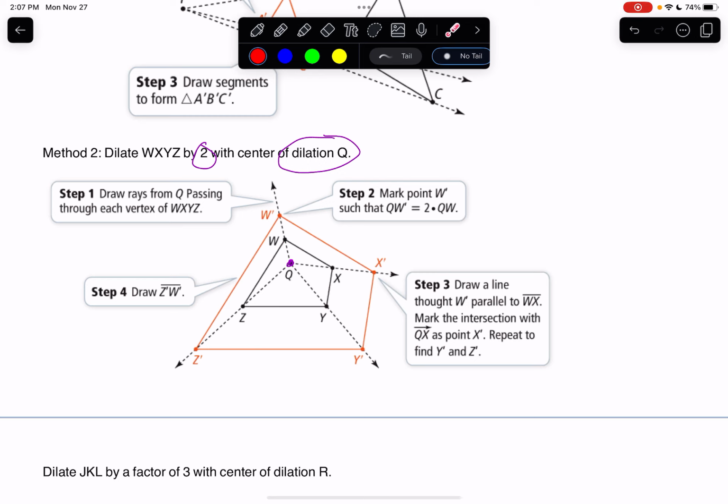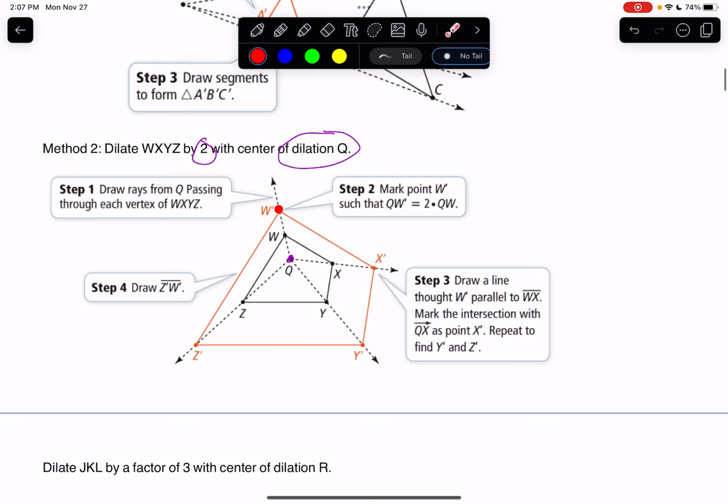The distance from the center to point X gets doubled, and so on and so forth. And then when we make the new shape with those doubled points, not only is every point in the new shape twice the distance from Q, every segment in the new shape is twice as long as the segment in the old shape. So this shape is twice as large.